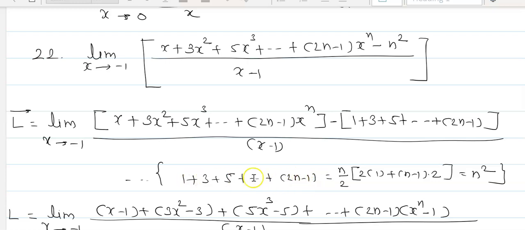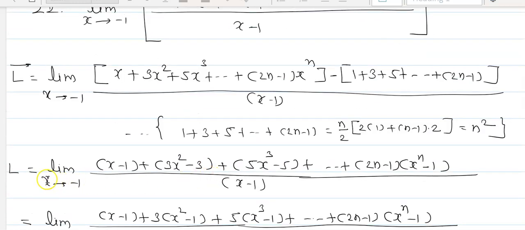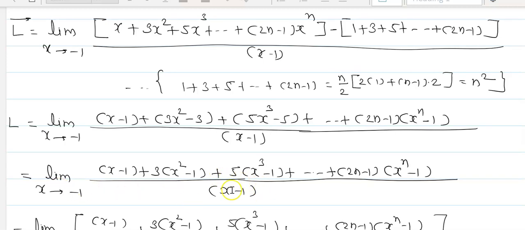This is nothing but the AP, whose first term is 1, common difference is 2, and their sum is n upon 2 in bracket 2a plus n minus 1 into d, which is equal to n square. Therefore, limit x tends to minus 1, x minus 1 plus 3x square minus 3 plus 5x cube minus 5 plus dash dash plus 2n minus 1 into x raised to n minus 1 upon x minus 1. Split it up.